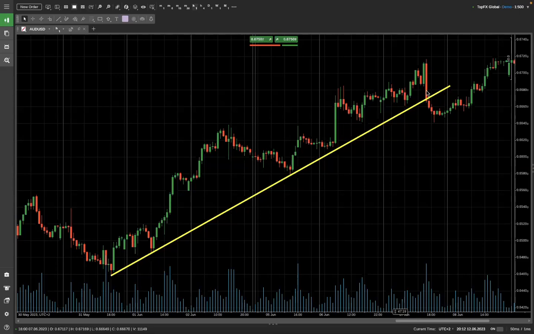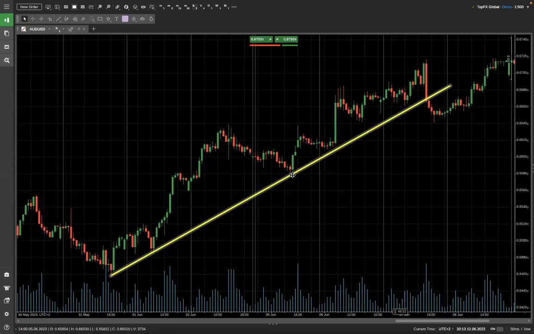Every time the price touches that trend line, this might be a good chance to enter a position. This is for educational purposes only, but the practical use of the trend line is exactly like this. This is a classical point of view, the classical rules of trading using the trend line.